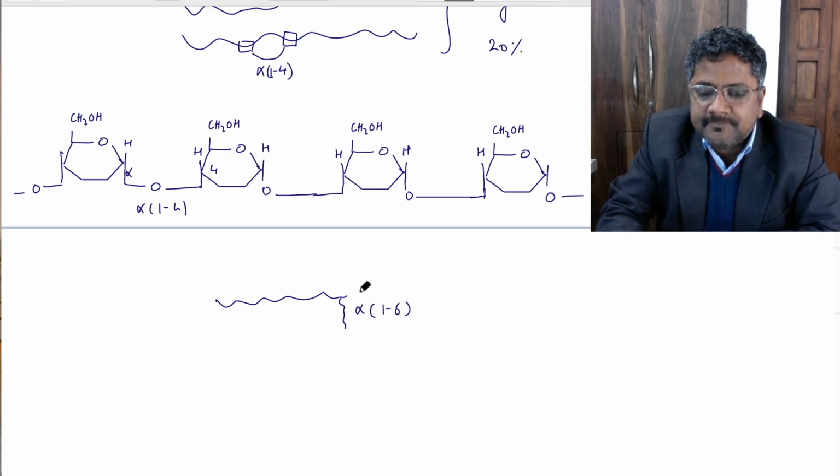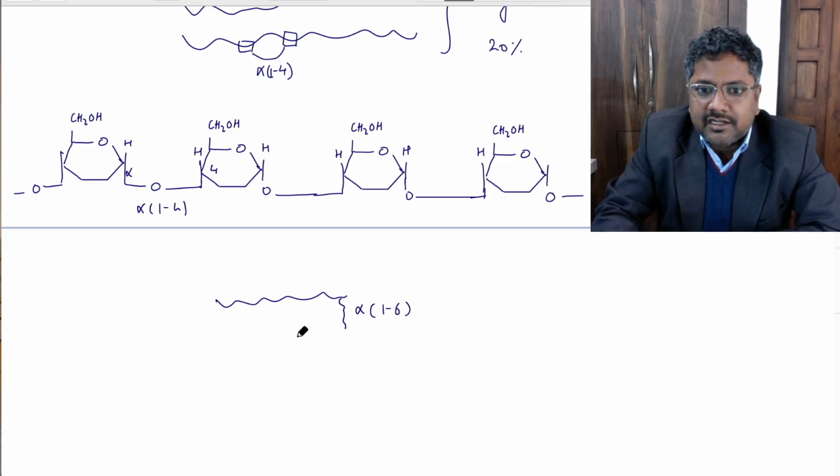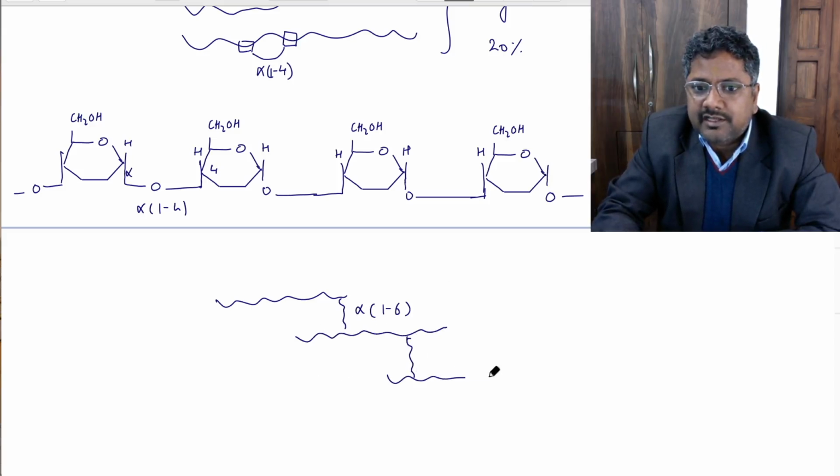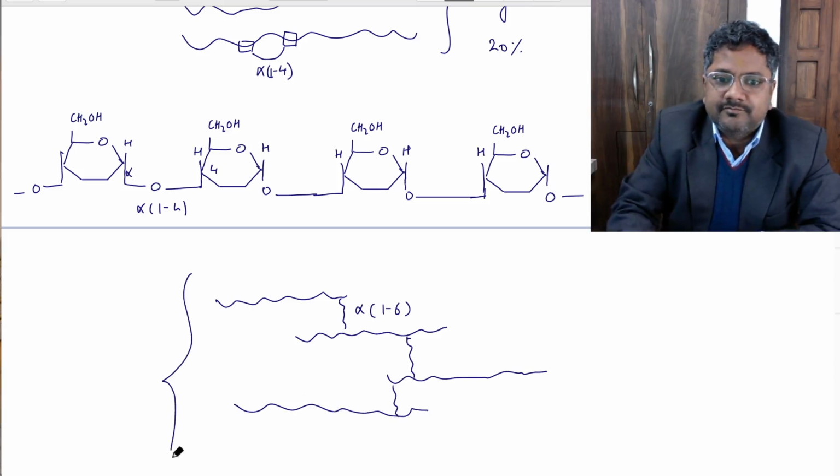Alpha 1,6 means alpha of this and sixth carbon of this, and this type of cross linking takes place, and this is called amylopectin.